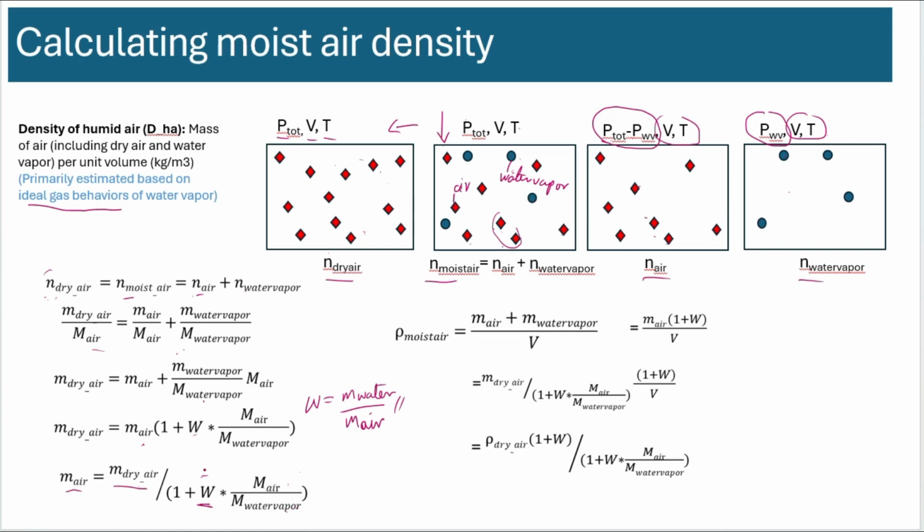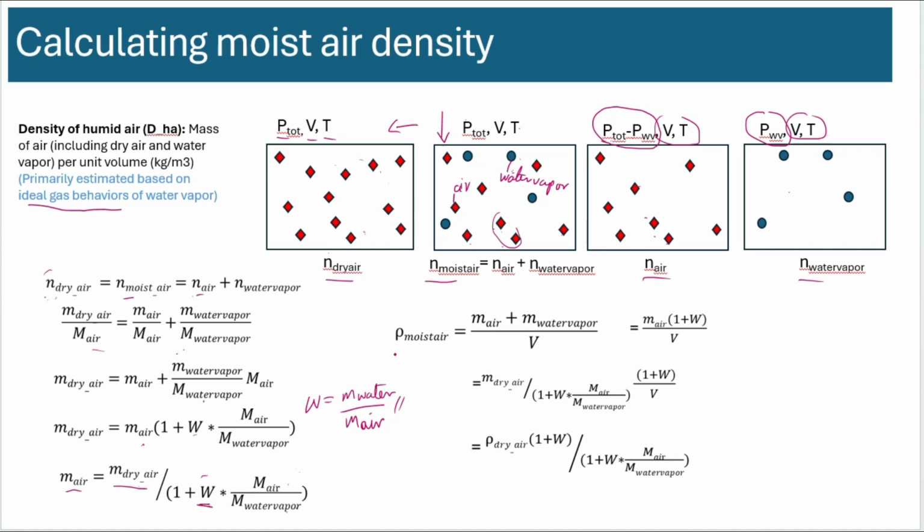So if we know the humidity ratio in this chamber, then we can estimate the mass of air in this chamber, provided we know the mass of air in a similar chamber where there's no humidity.